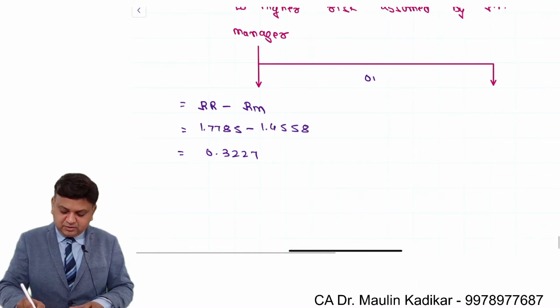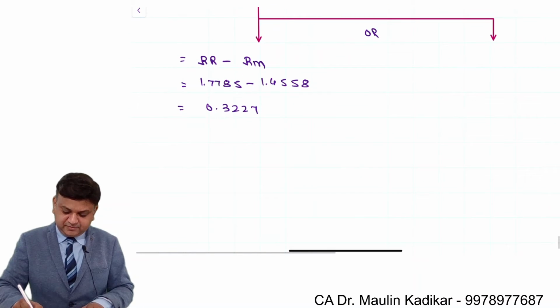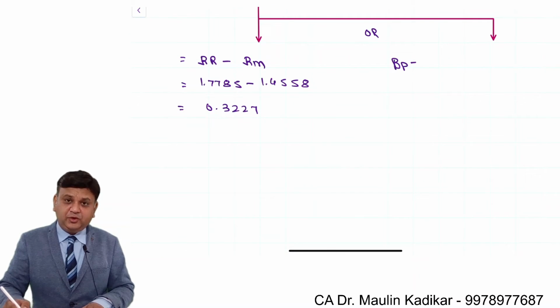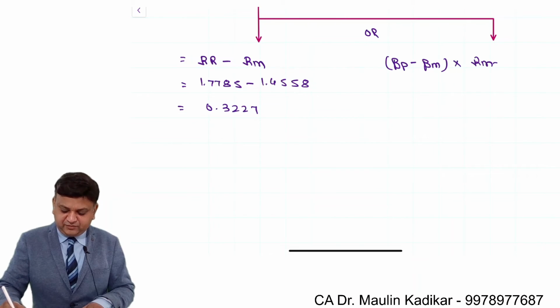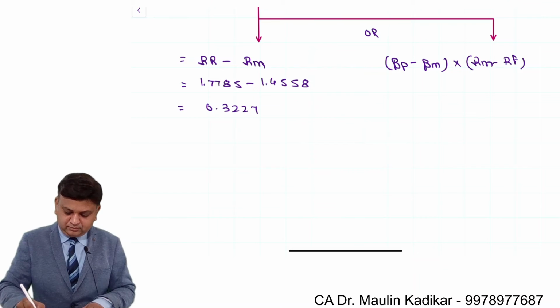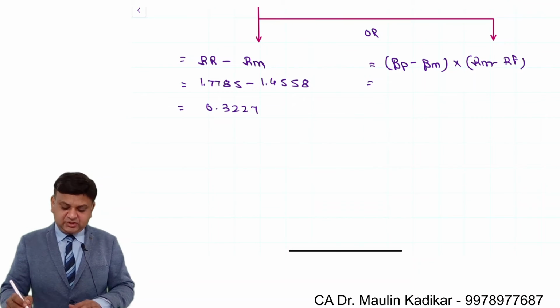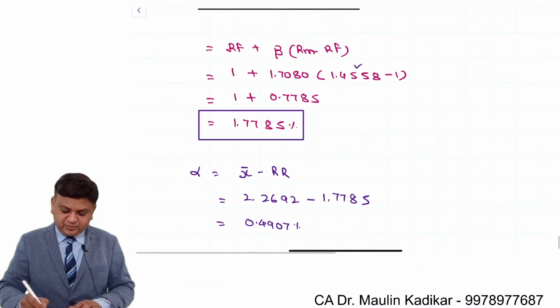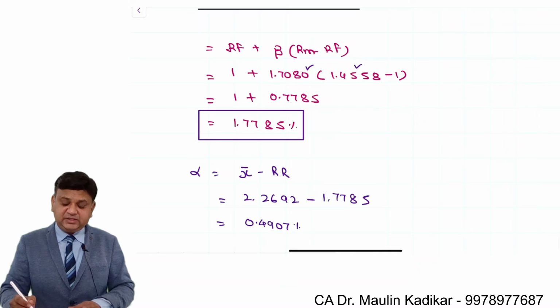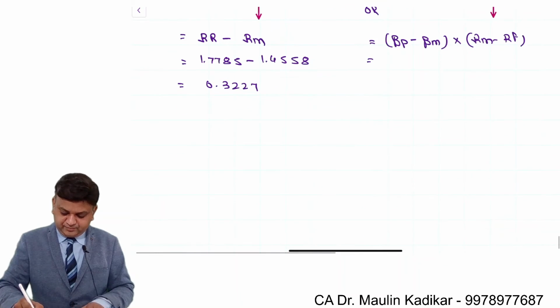Or otherwise, you can make the calculation like this: beta of the portfolio minus beta of the market portfolio into RM minus RF. What is the risk of the portfolio, friends? Risk of the portfolio is 1.7080.